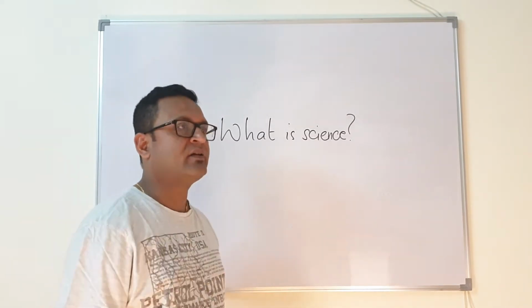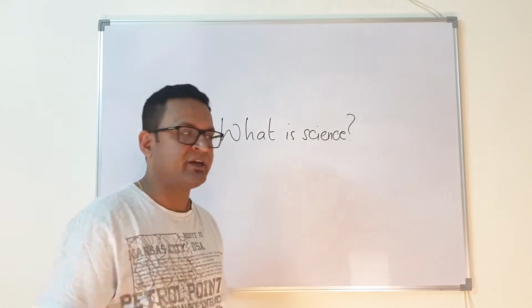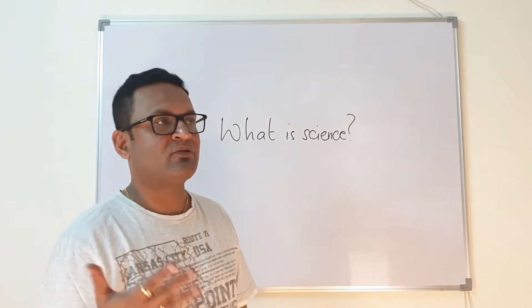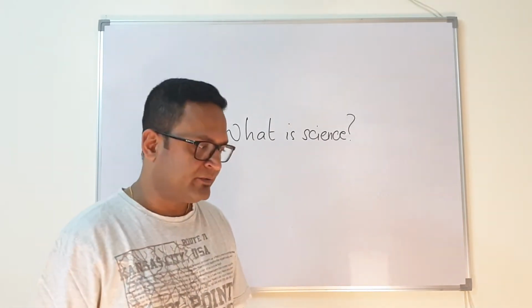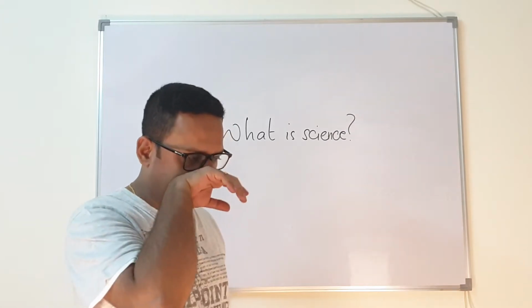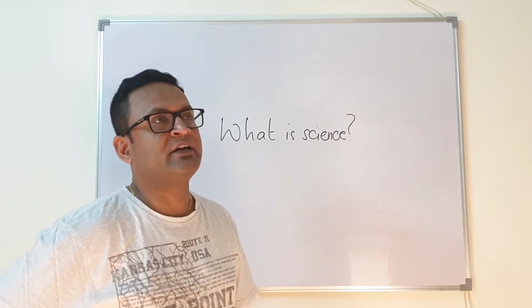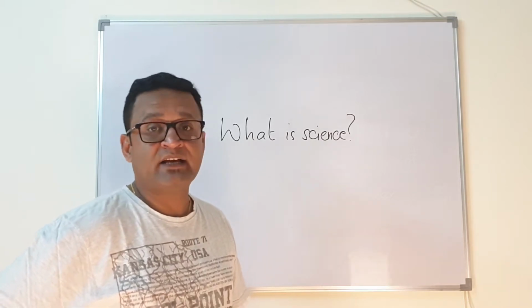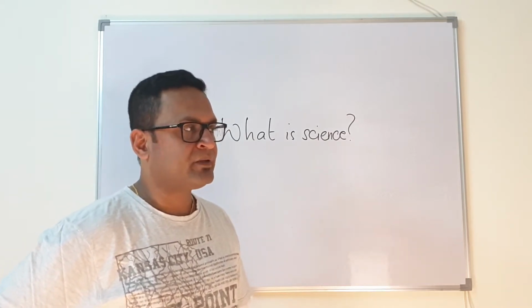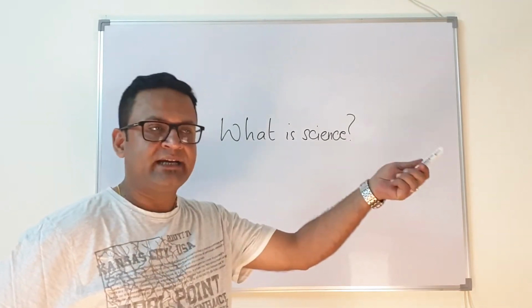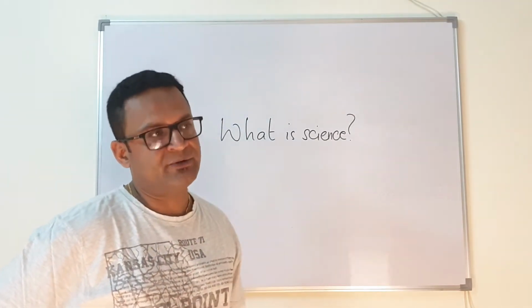This is another question, because as you must be aware, there was a concept called flat earth, right? And then the Copernicus revolution took place, and we started believing in the spherical earth concept. So the science of that day and the science of today has changed.